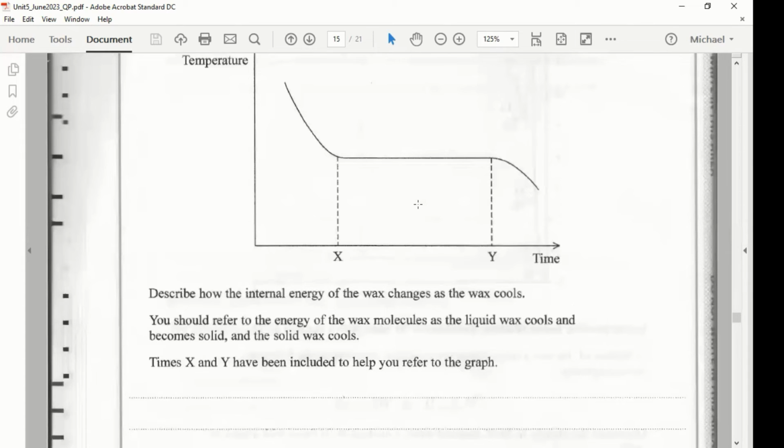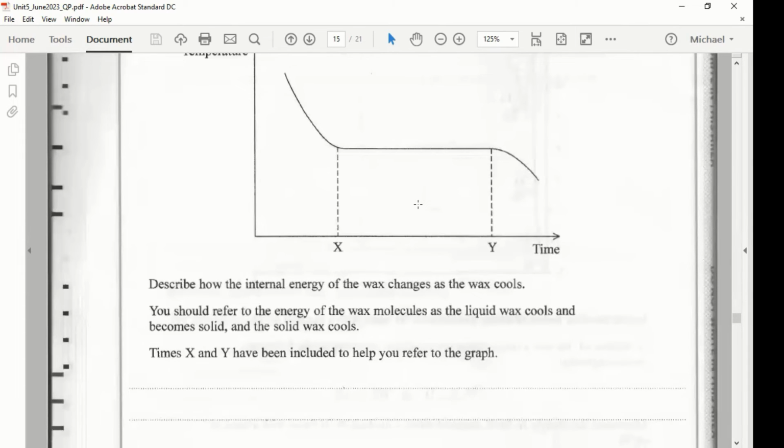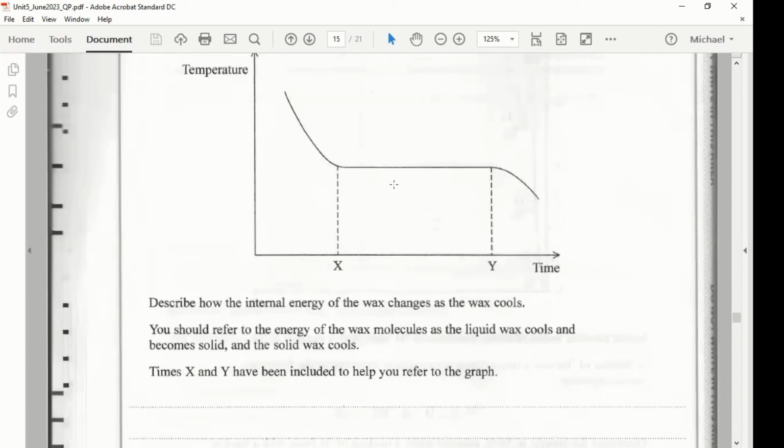When it gets to X, it's now at the freezing point of wax. And the line flatlines because during a phase change, there's no change in the temperature. There's no change in the average kinetic energy of the particles. What's happening is that energy is being removed.